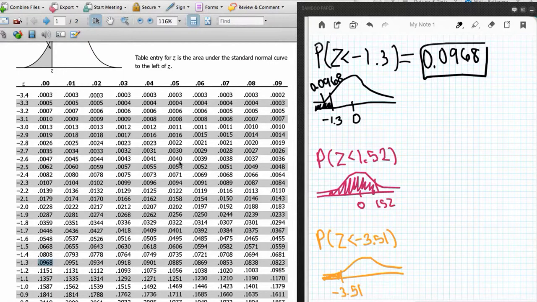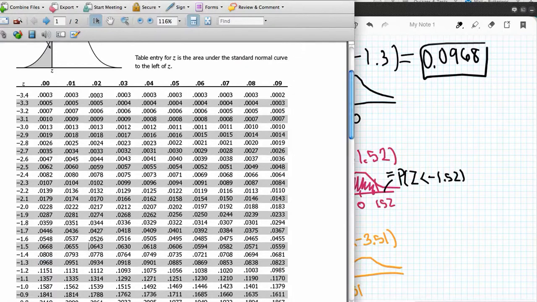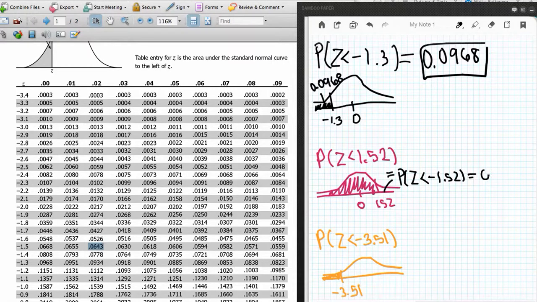All right, now the next one, the probability of being less than a positive number, well, I can't look this up in a z-table, but I can look this area up by using the idea of symmetry, that this is equivalent to the probability of a z that's less than a negative 1.52. So I can look that up in my table, negative 1.5 and then 2, so this one right here. So that looks like 0.0643, but that's not what I need to solve this problem, because this one is the complement of what's over here.